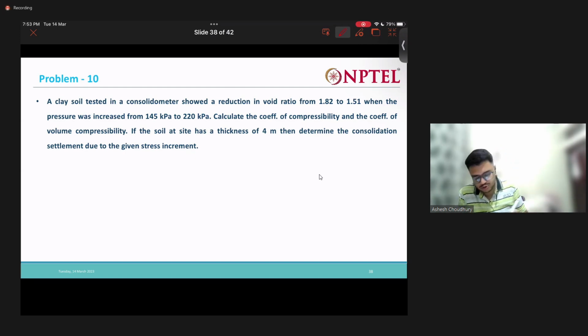Okay, so let us see how to find this out. First, you know the coefficient of compressibility. It is av. What is av? Already calculated before many times. This one, right? So what is my delta e?